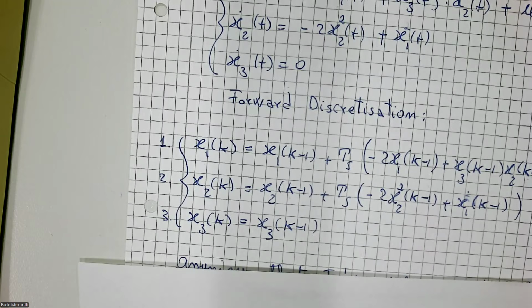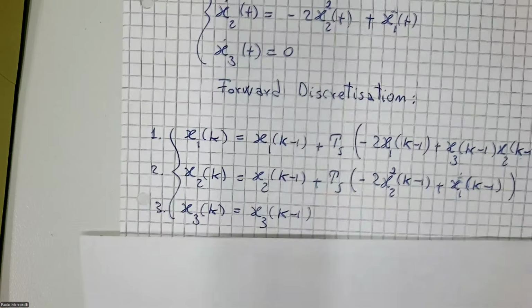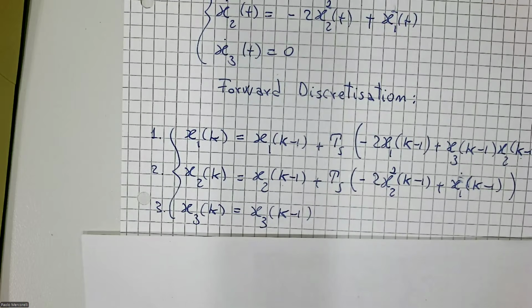Sometimes it's useful to change the discretization, but believe me, changing the discretization, we have a different Kalman filter. It's of course a variation of the Kalman filter, but I don't have time to do it with you. But in any case, keep in mind that the discretization also makes a difference between the Kalman filters.